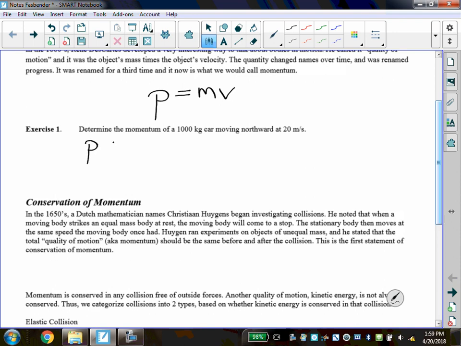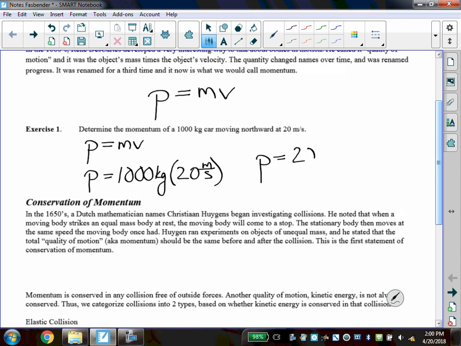So we know that momentum is mass times velocity, so all we need to do is take that 1,000 kilograms of mass, multiply it by that 20 meters per second velocity, and we end up getting that the momentum is 20,000 kilogram meters per second.